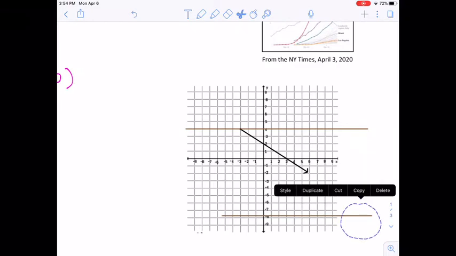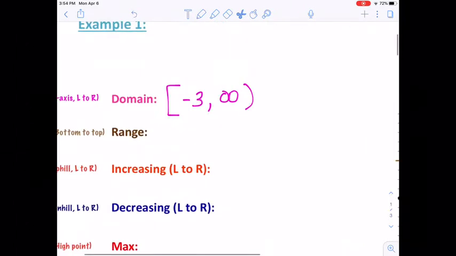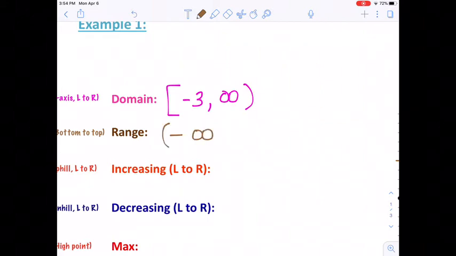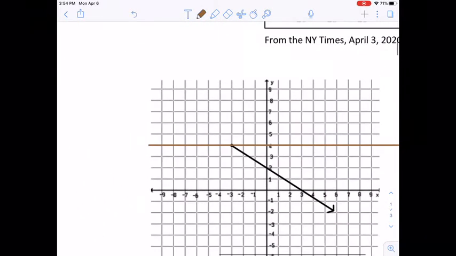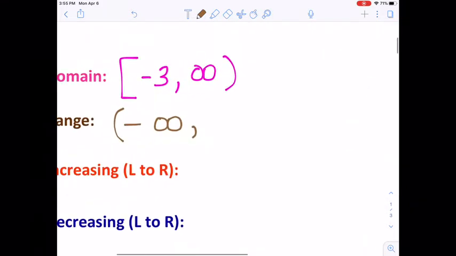So it's going to go all the way down to -infinity. So our bottom boundary is -infinity. And again, remember, we can't ever touch -infinity, so that's going to be a parenthesis. The top boundary stops at 4. It does touch the 4, so we're going to use a square bracket.